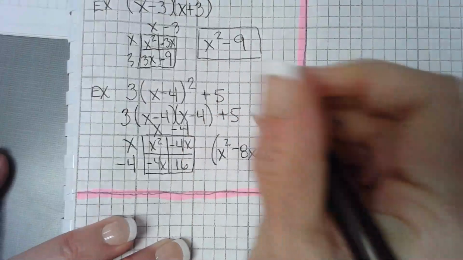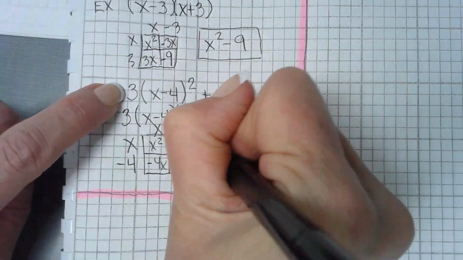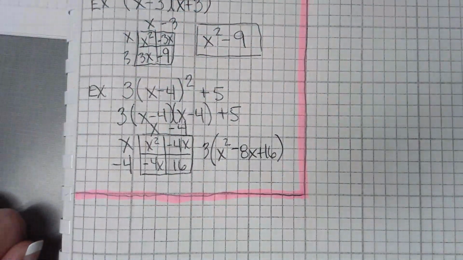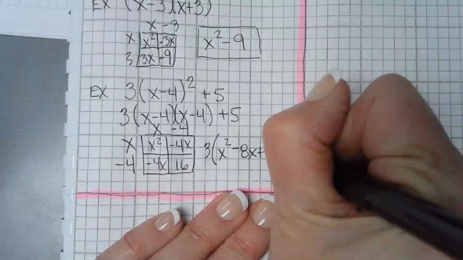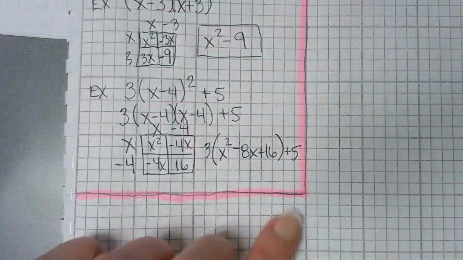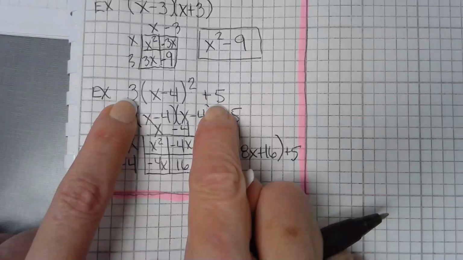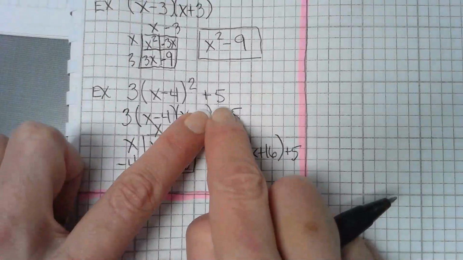I've got to multiply that whole thing by 3. And then when I get done with all of that, I'm going to add 5 to it. So notice those little details up here. Multiply by 3, add 5.